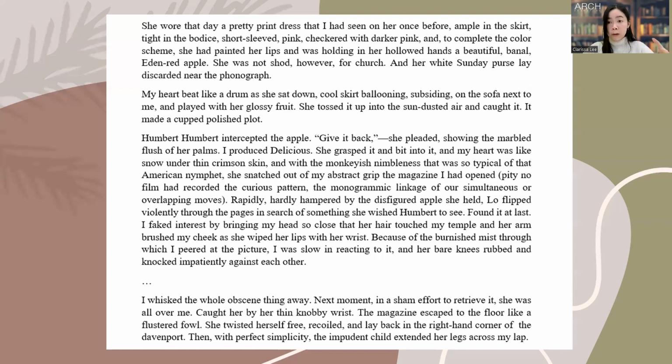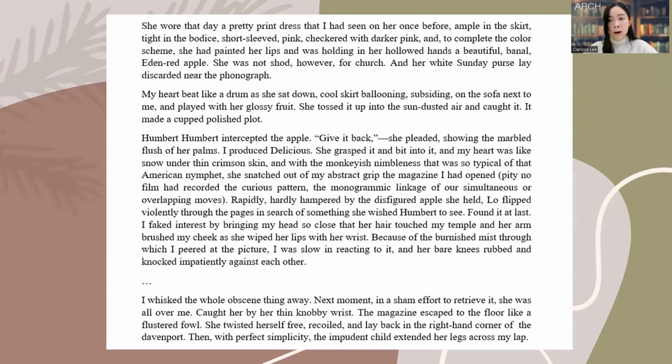I'm noticing a lot of the male gaze with how this middle-aged divorcee is describing the daughter of the woman that he's planning on remarrying, because of the focus on how she's dressed and all these pink and red colors, and how the narrator is essentially sexualizing this underage girl's pink checkered skirt and the action of something as mundane as eating an apple. That's something I'm picking up on.